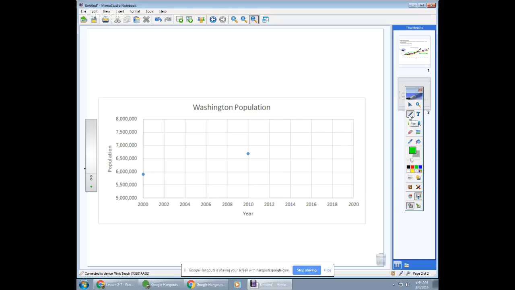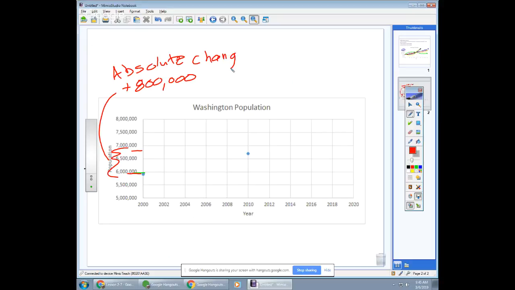Okay, so to get from this population level up to that population level, it's a jump of plus 800,000. That's again what we call the absolute change. And that's just the new value minus the old value.